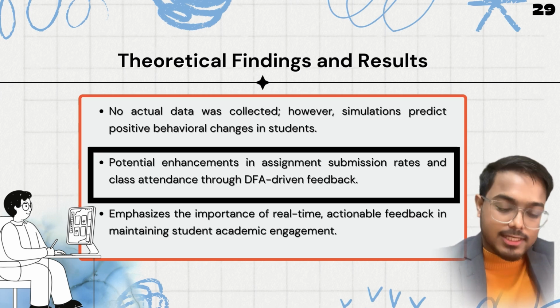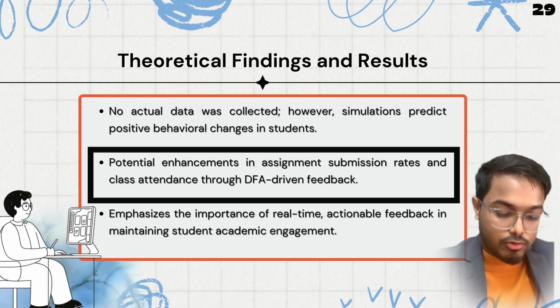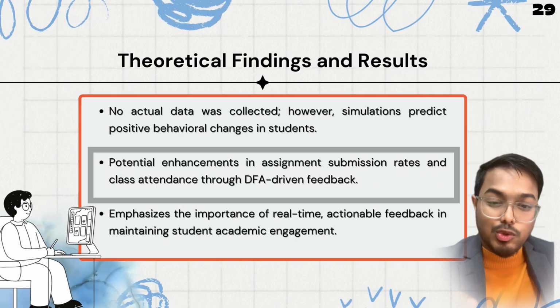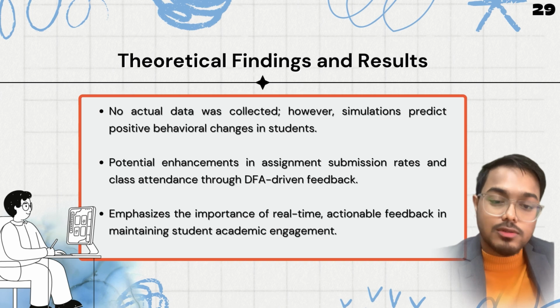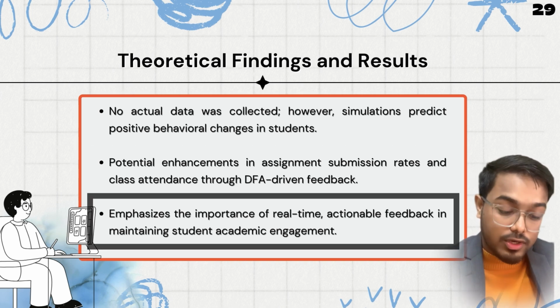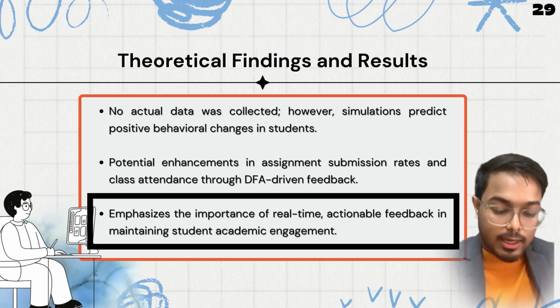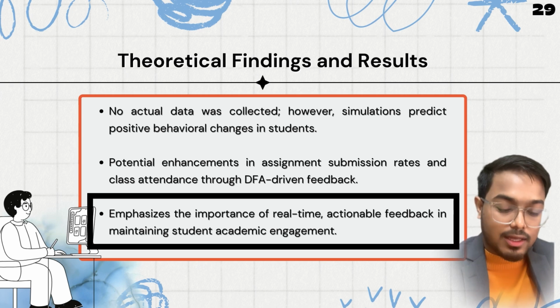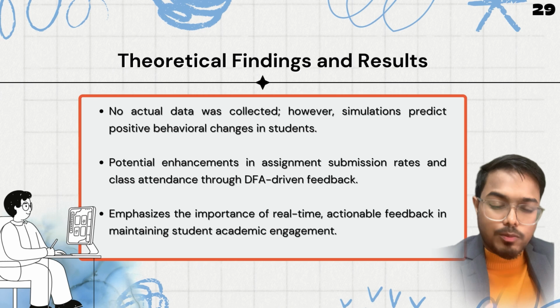There is potential enhancement in assignment submission rates and class attendance through this DFA-driven method among the students. It also emphasizes the importance of real-time, actionable feedback in maintaining students' academic engagement. So these could be some of the theoretical findings among the students because of the use of the system.